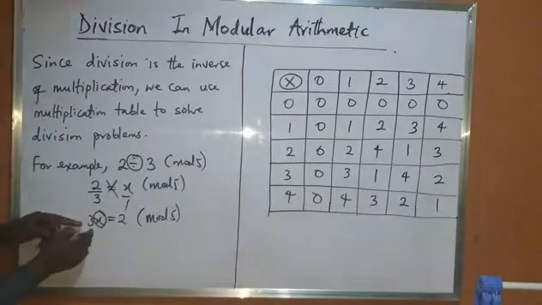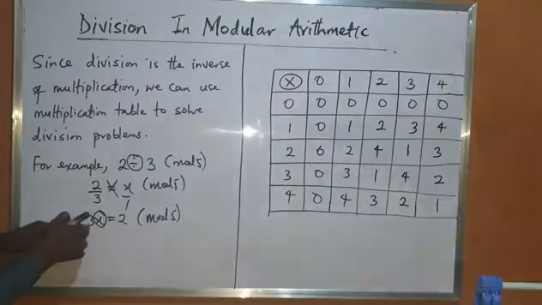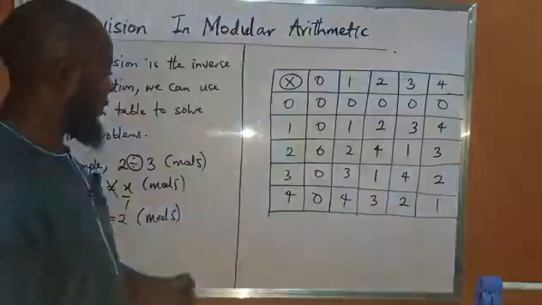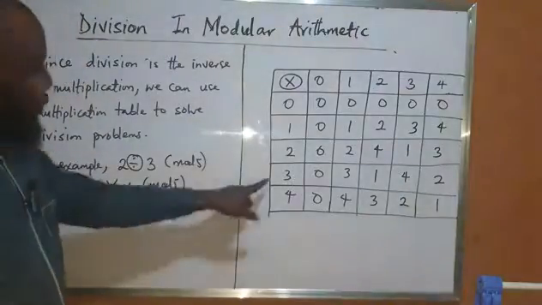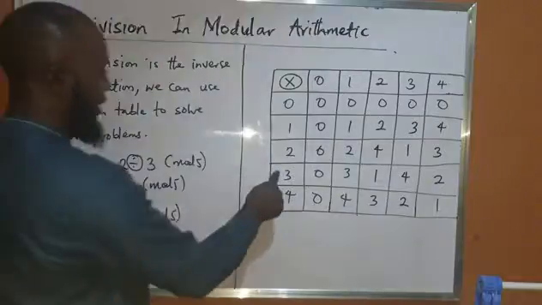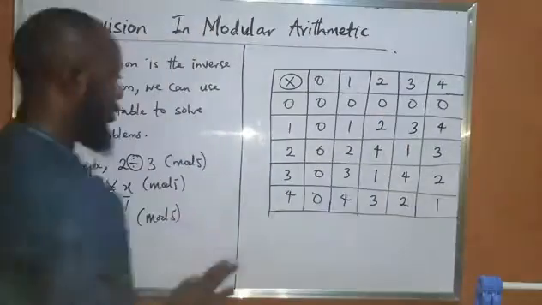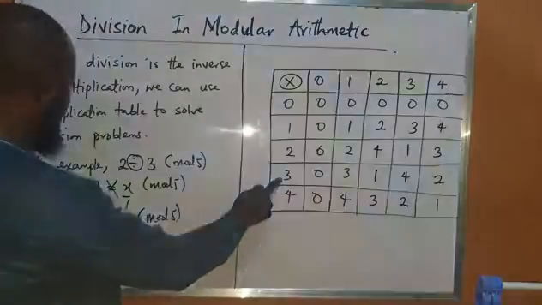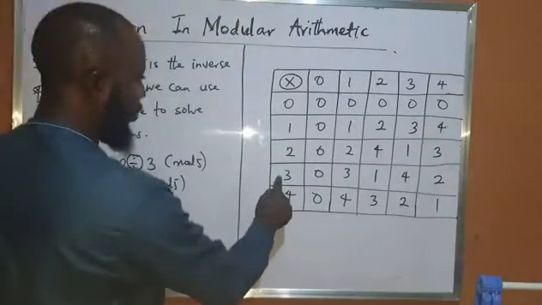So what number are we going to multiply by 3 in mod 5 that will give us 2? Let's go to this multiplication table. If you look at the row or the column for 3, you get the same answer. We check under this 3, where do we have 2?